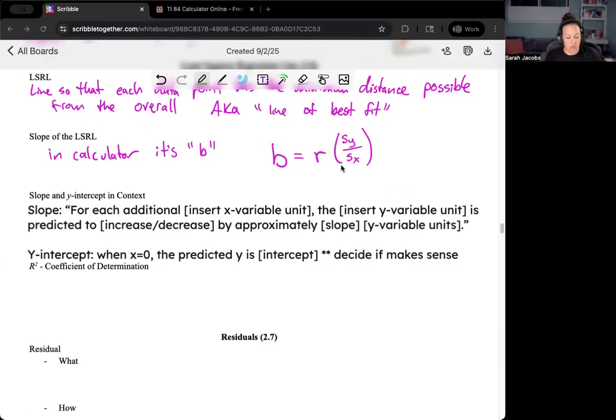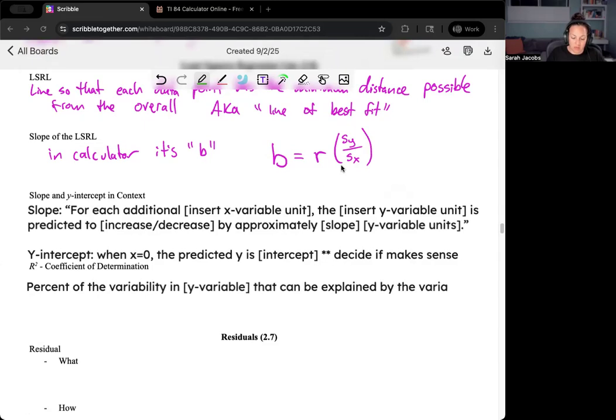Okay, onward. R squared, coefficient of determination. This is also something that I want you to interpret very robotically. So the coefficient of determination is the percent of the variability in y that can be explained, or that is accounted for, by the variation in x.